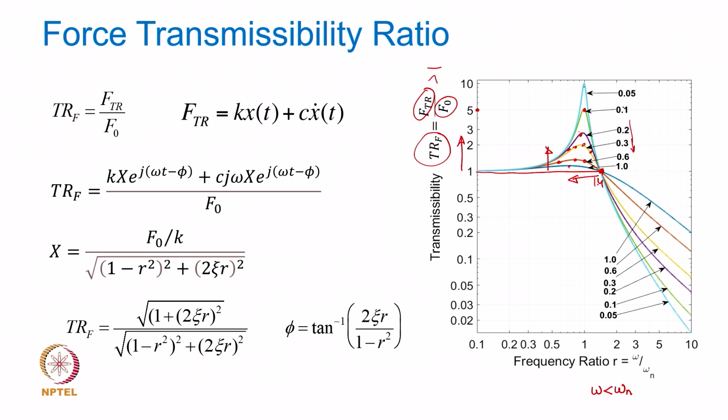Just for the sake of comparison, if the damping ratio is 0.1 and you are operating close to resonance, and the compressor or the condenser unit has, let us say, 10 Newton of harmonic force generated because of its operation, it will transmit 50 Newton of force to the ground.